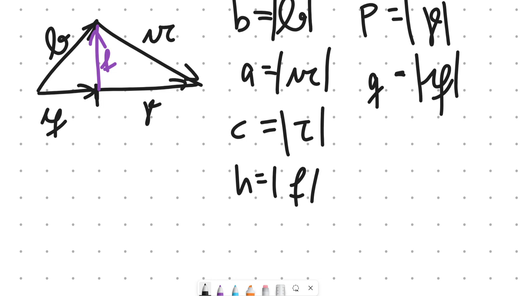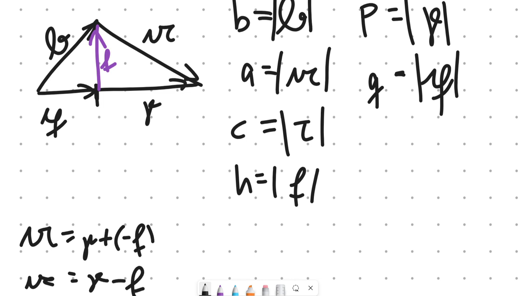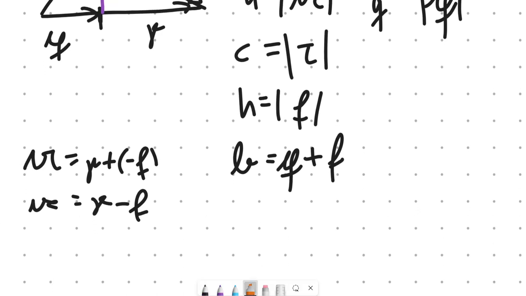Over here, we see that U is equal to gamma plus the negative of F, which means we can say that U is equal to gamma minus F. We can also say that B is just equal to gamma 2 plus F, which means we already have two different formulas.